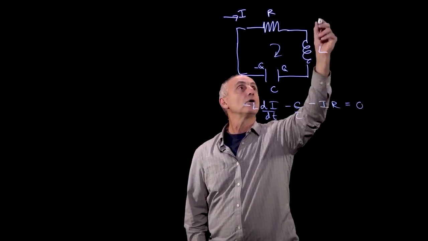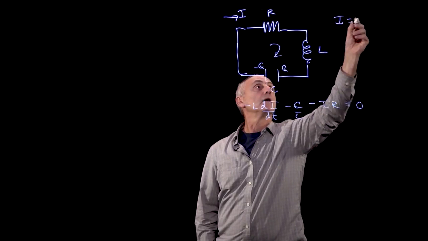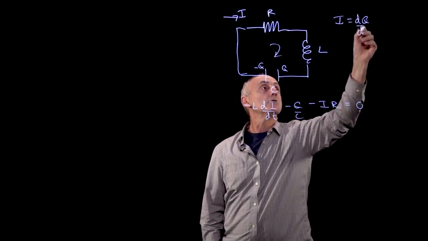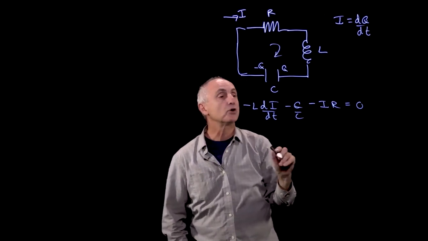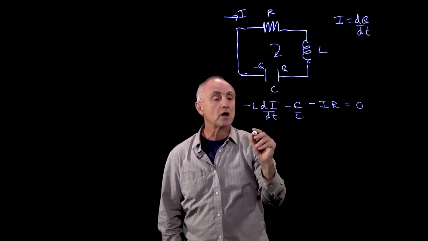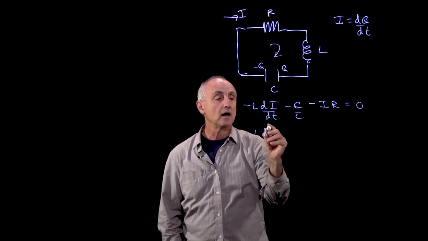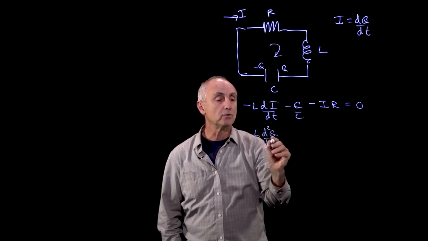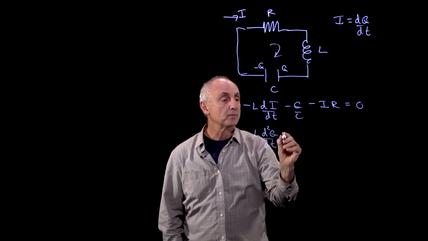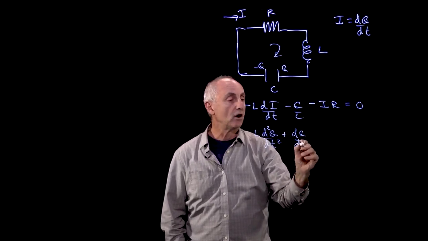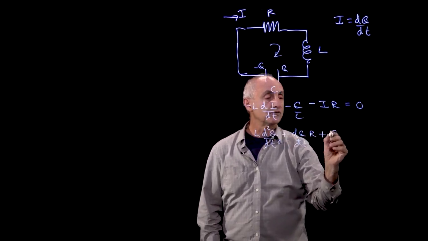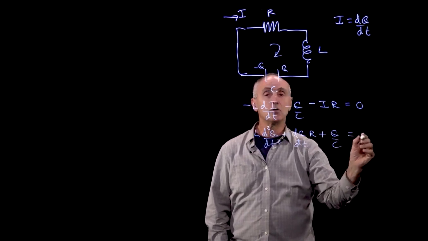And here we have the condition that I is equal to dQ/dt. So I can write a differential equation immediately in terms of dQ/dt. I'll multiply the minus sign through, and move this term over here: L d²Q/dt² plus dQ/dt R plus Q over C is 0.